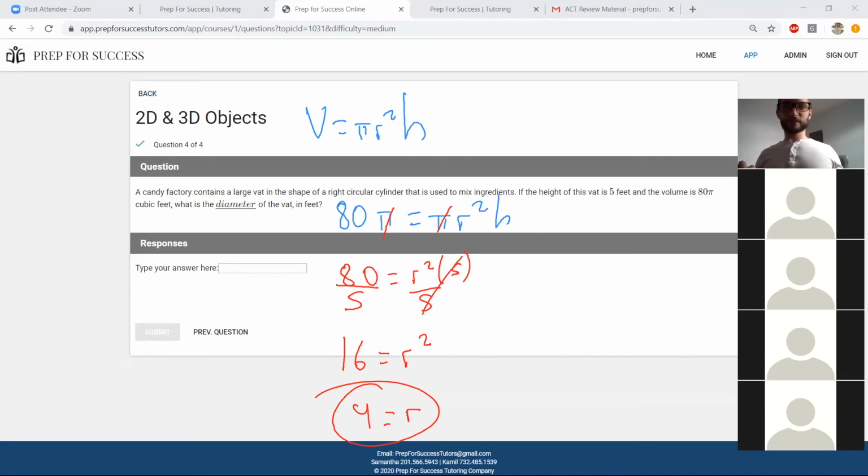Okay. Now, a lot of you messaged me and said your answer is 4, but what are they asking for? The diameter. There you go. Exactly. Very good. So our answer is actually 8, not 4.